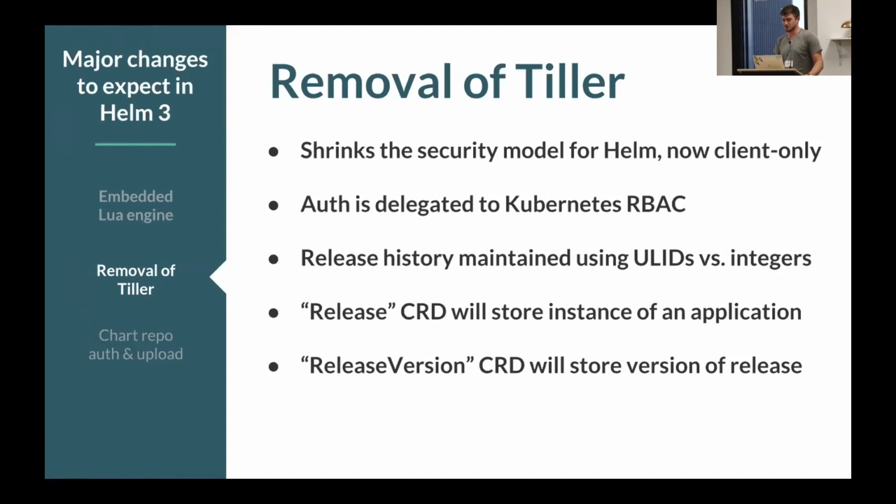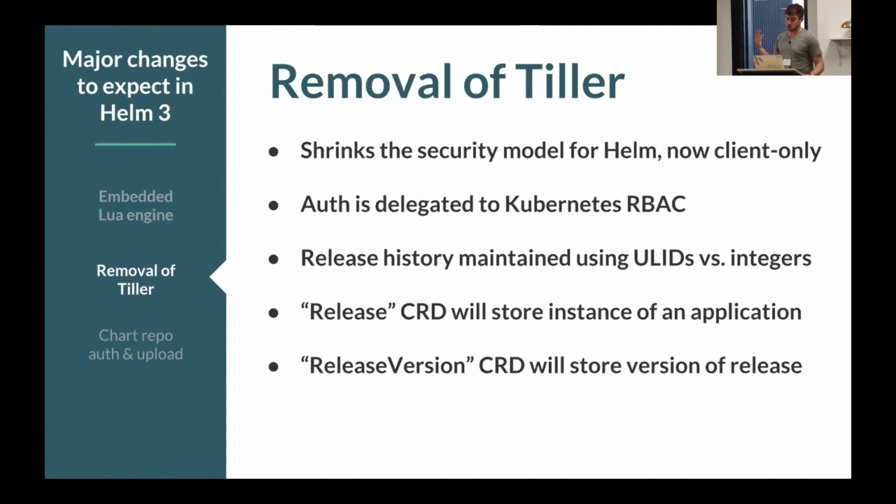Now, the state of Kubernetes is that CRDs are fully supported. So instead of tiller storing all these different releases in config maps, they're going to be stored in a custom resource that's defined by Helm.